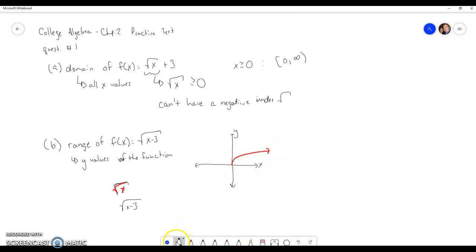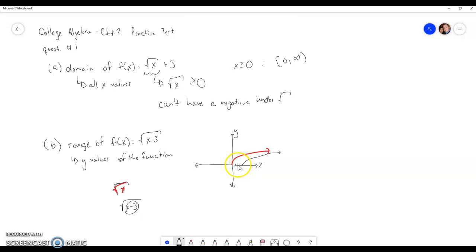If we want to do the square root of x minus 3, since the minus 3 part is under the square root, we need to move our function to the right 3 points. So it's going to have the same shape, it's just going to go to the right, right?